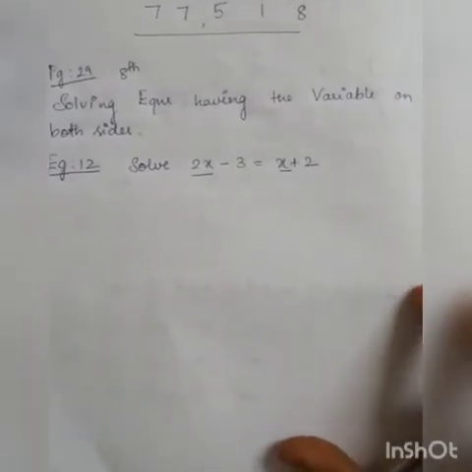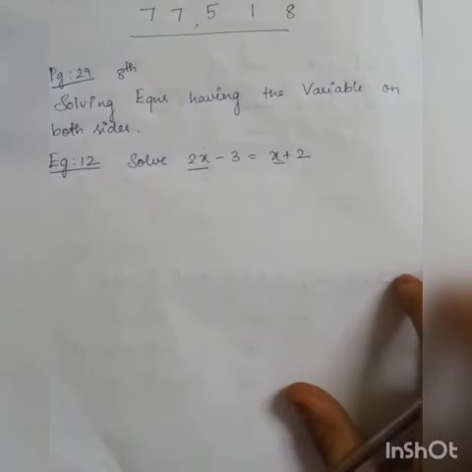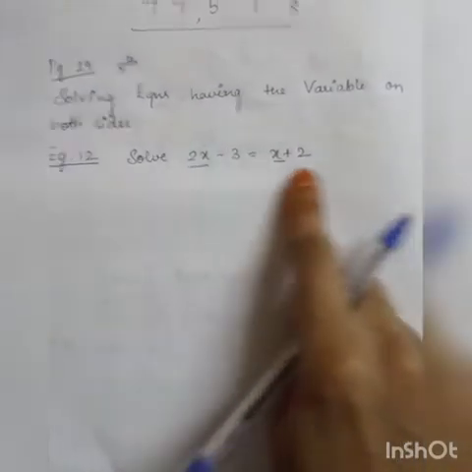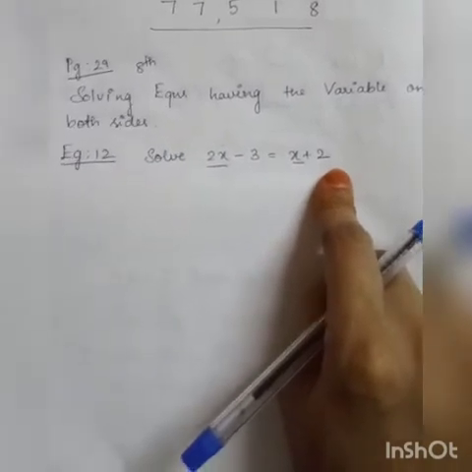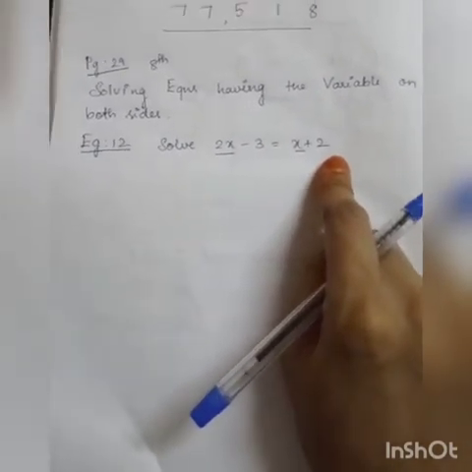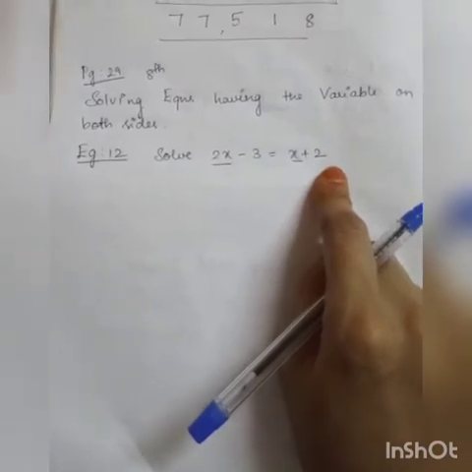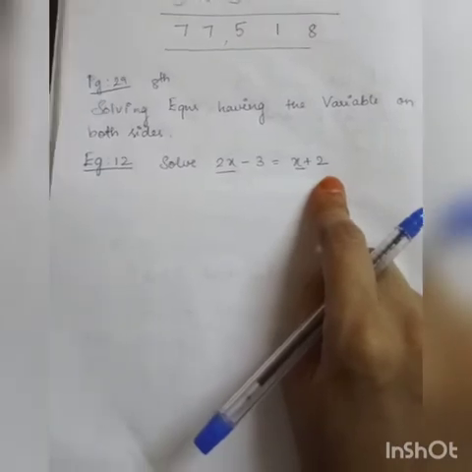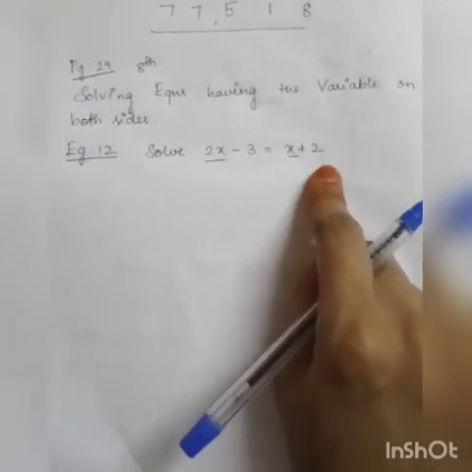Actually, in your textbook, they have given the balancing method to solve this problem. But I am just going to do the transposing method here, which will be easy for you all for the calculation. Usually, I told you we are going to find the variable x, right?